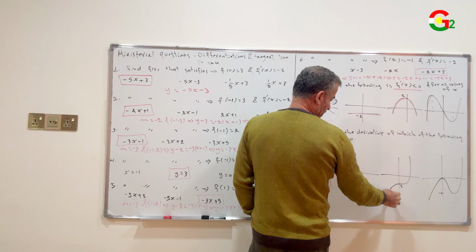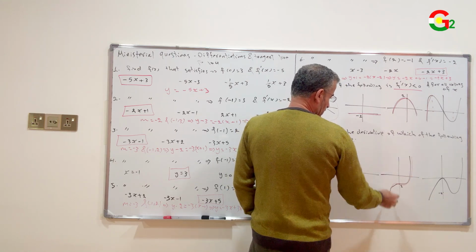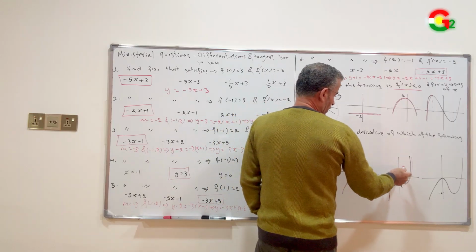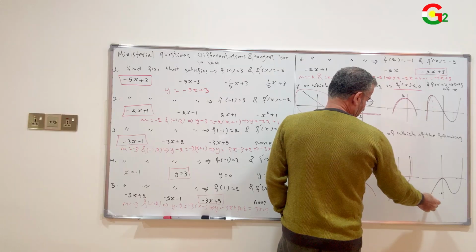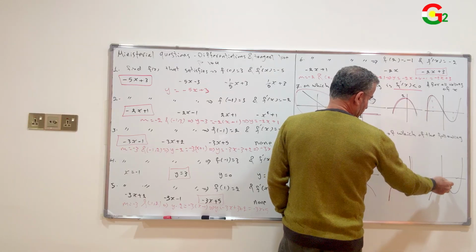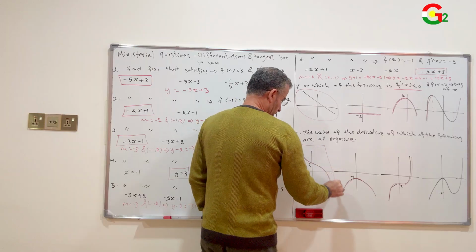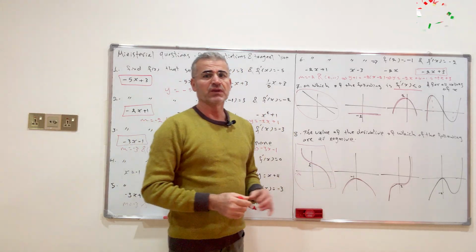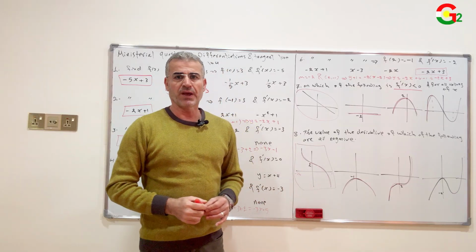This function is increasing from negative infinity to positive infinity, then f prime of x is greater than 0, positive for all values of x. This function changed from increasing to decreasing and increasing. Only this function is decreasing from negative infinity to positive infinity, then its derivative is negative for all values of x.